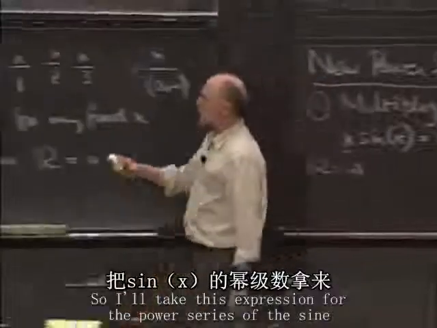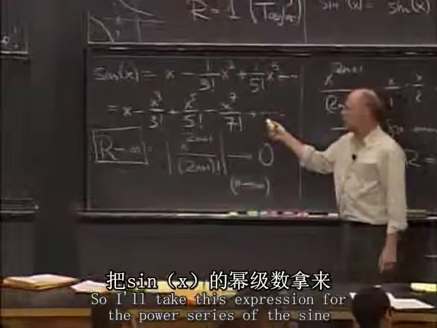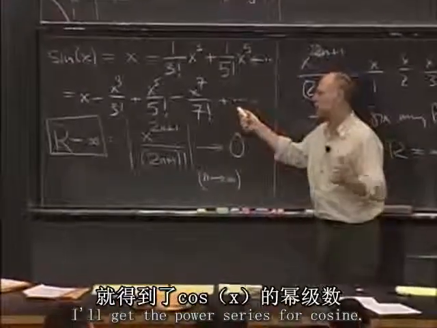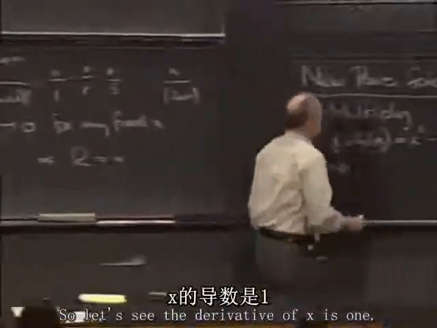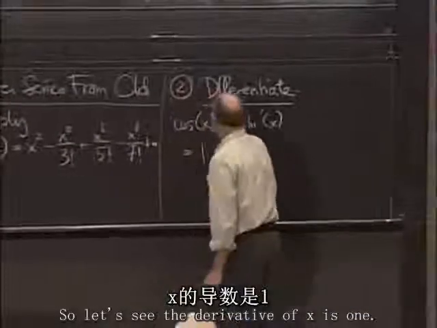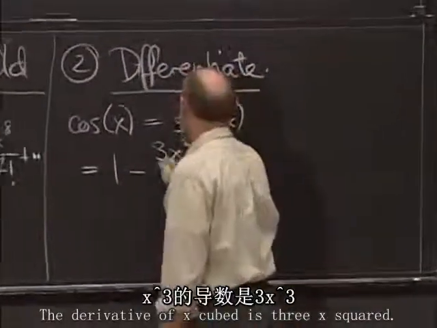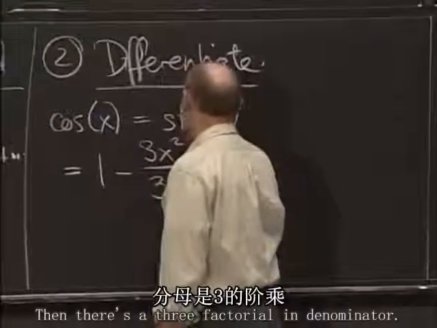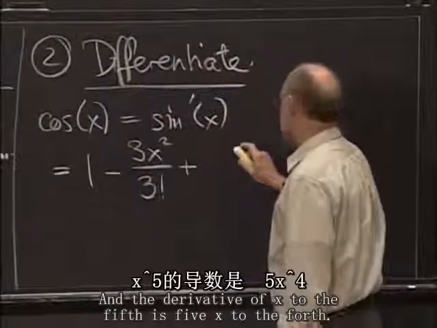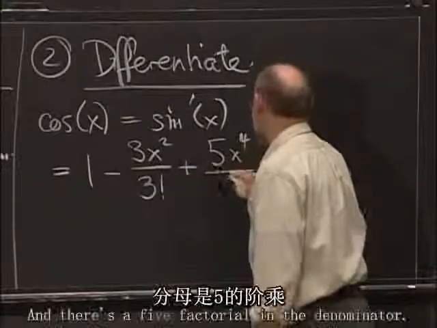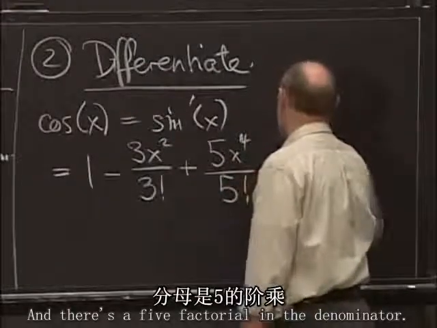So I'll take this expression for the power series of the sine and differentiate it term by term, and I'll get the power series for cosine. So let's see, the derivative of x is 1. Now, the derivative of x cubed is 3x squared, and then there's a 3 factorial in the denominator. And the derivative of x to the 5th is 5x to the 4th, and there's a 5 factorial in the denominator, and so on and so on.